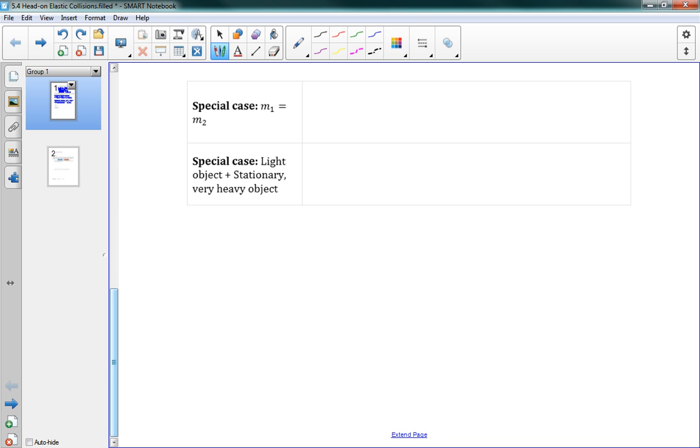So we have here that VF1 is equal to, so we've got m1 minus m2, so we have m minus m over m1 plus m2, so m plus m, times VI1, plus 2m1 over m1 plus m2, so 2 times m over m plus m, times VI2.